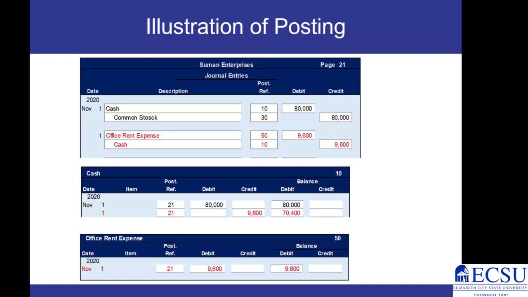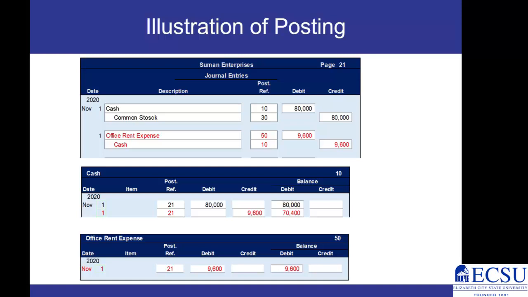The journal, as you can see, is office rent expense debit, and the amount of the debit is 9,600. So I'm writing that on the debit side. Cash is credit, and I already have a cash account, so this is going to be 9,600 on the credit side.